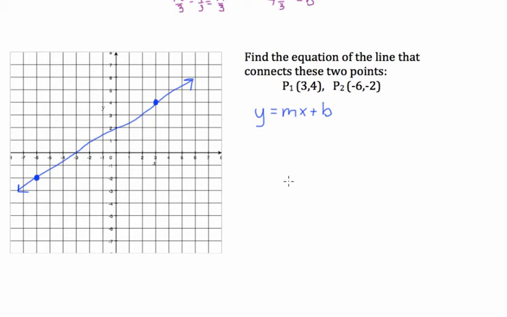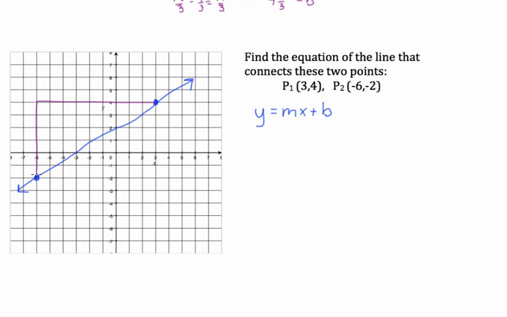Let's see if we can figure out what our m number and b number are just by looking at the graph. The m number is the slope. Remember, slope is rise over run. So between your 2 points, draw a vertical line for the rise and a horizontal line for the run.